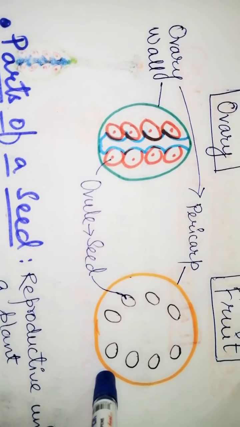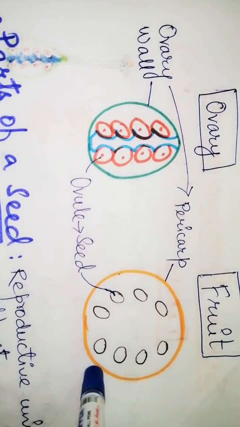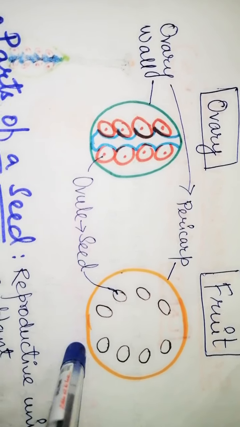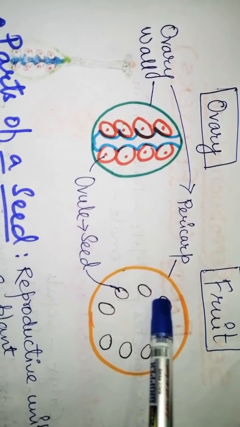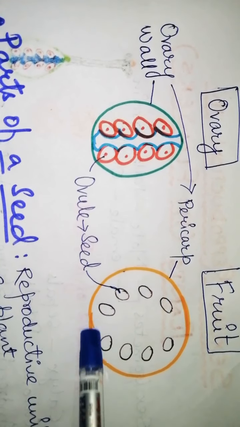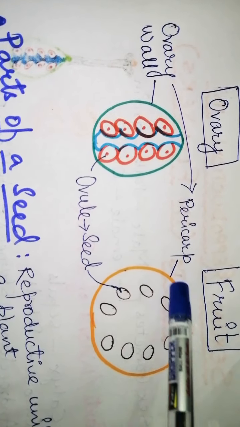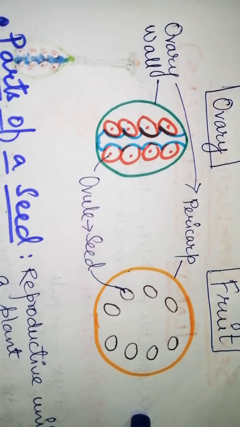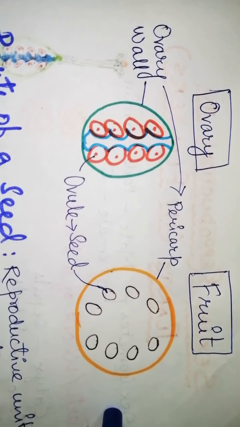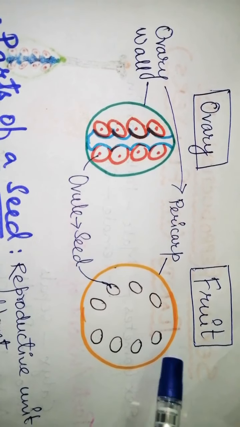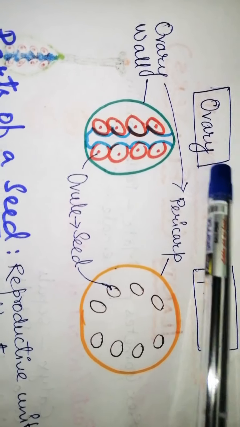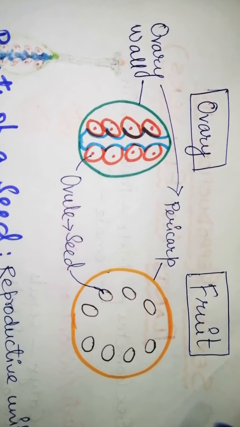Edible means which can be eaten. Then ovules are converted into seed, and the rest of the structure is converted into the fruit pulp. Now this is the process of fertilization where ovary is converted into fruit.